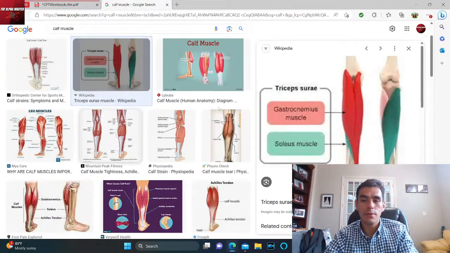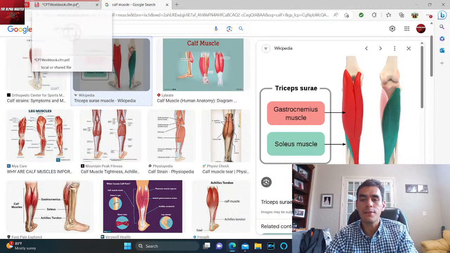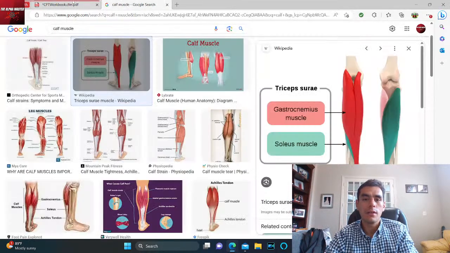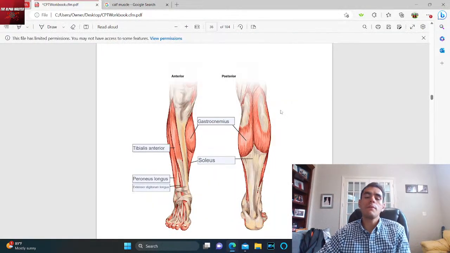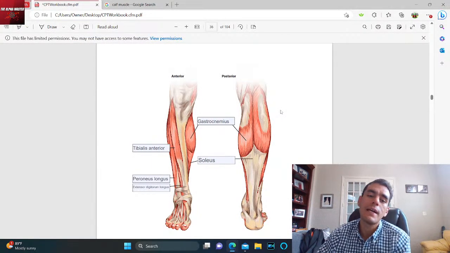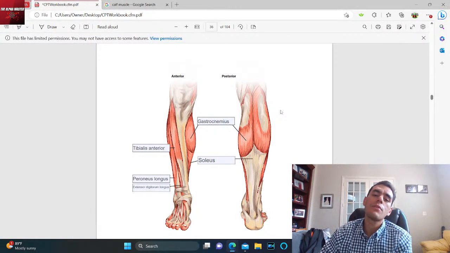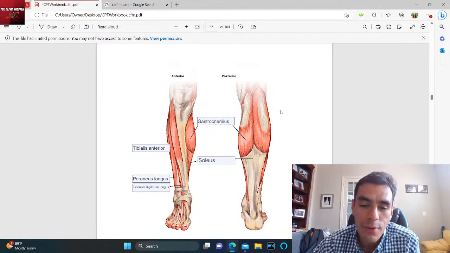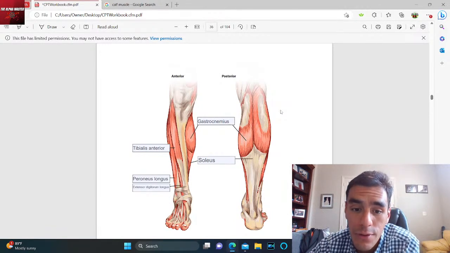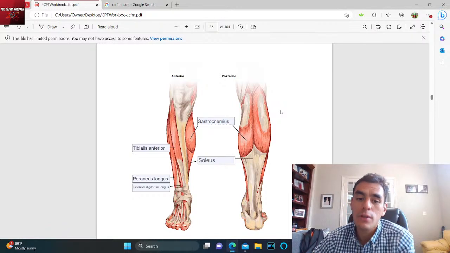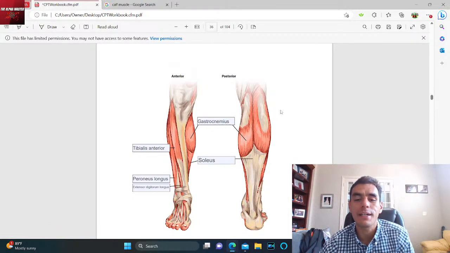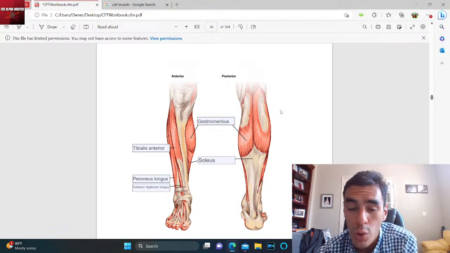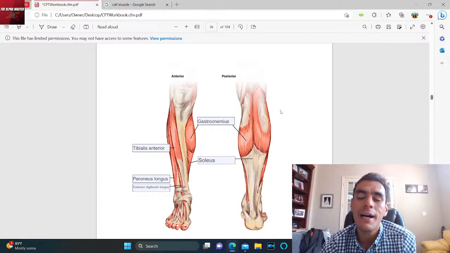The soleus is a little bit deeper, while the gastrocnemius is more surface level. All of the calf that you feel is the gastrocnemius, and then the soleus goes deeper and lower down.